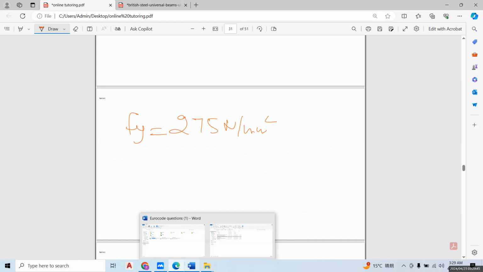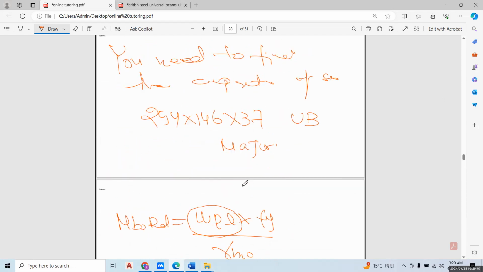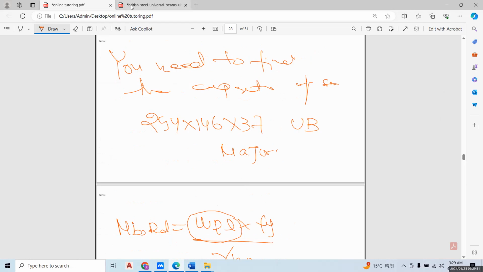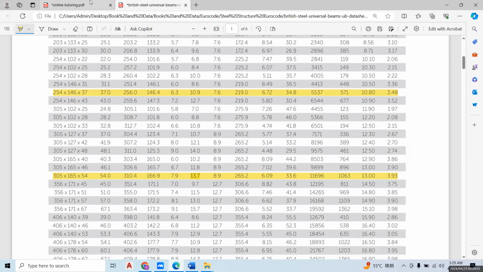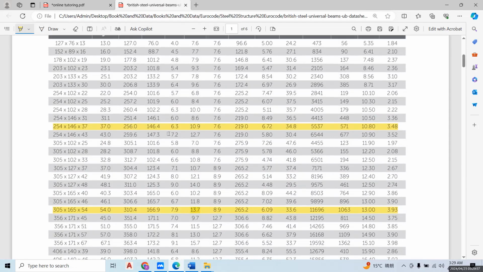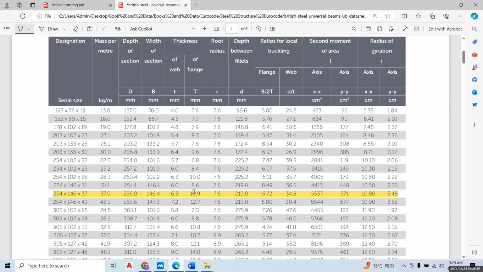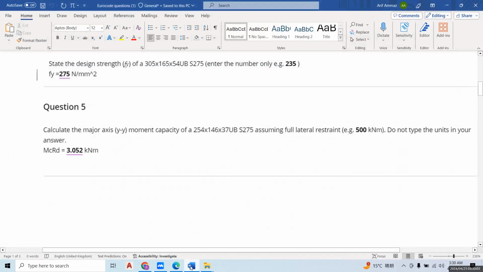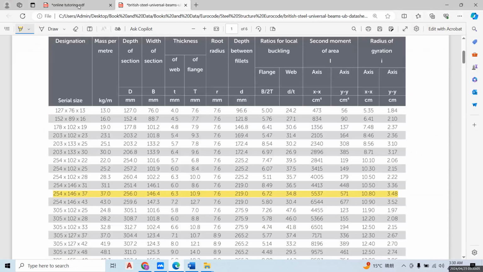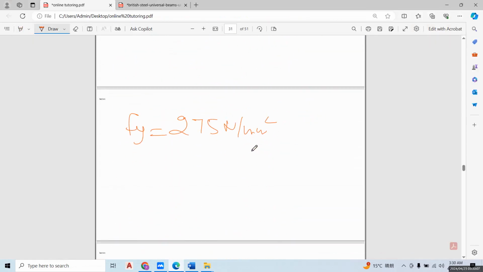But we see what the thickness of flange is for this section. 254, 146, 37 is already selected. The thickness of flange is 10.9, which is less than 16 mm. So automatically the value of Fy is 275.